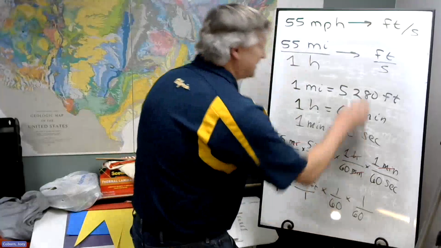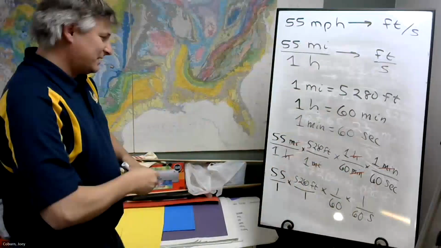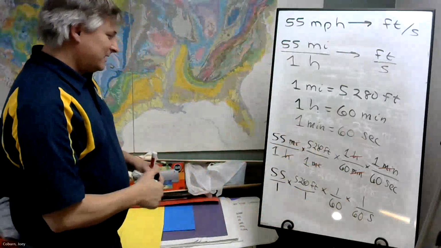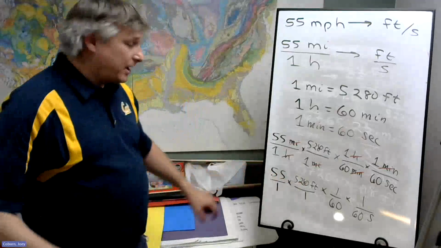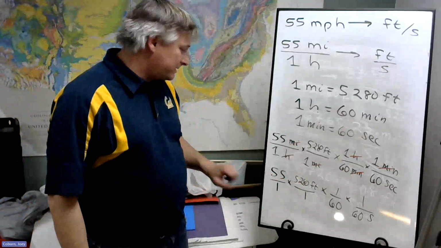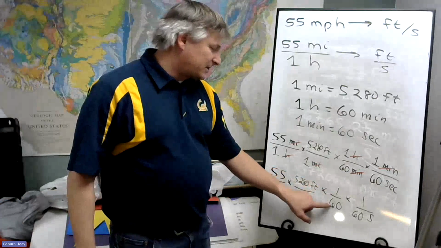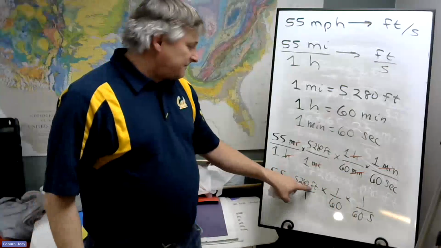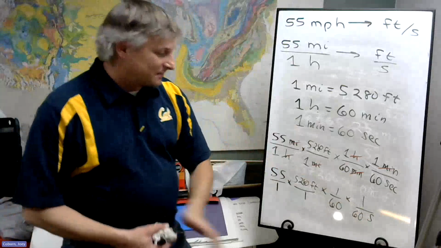Or I could just use S like I'm using here, and that's an S for seconds, not a 5. So what we can do is multiply by these fractions, 55 over 1 times 5,280 over 1 times 1 over 60 times 1 over 60, and then tack on feet on top of seconds at the very end.